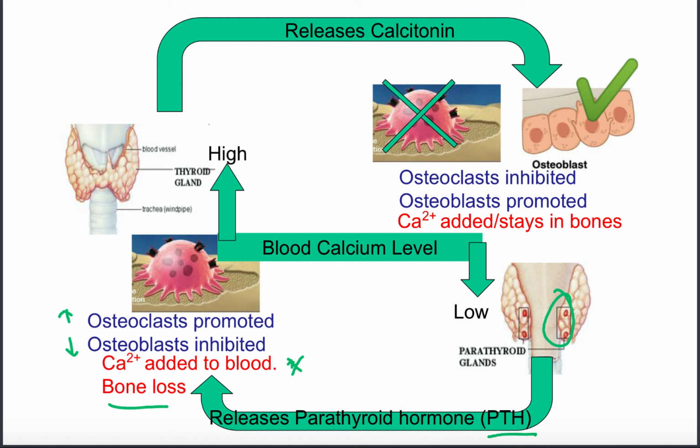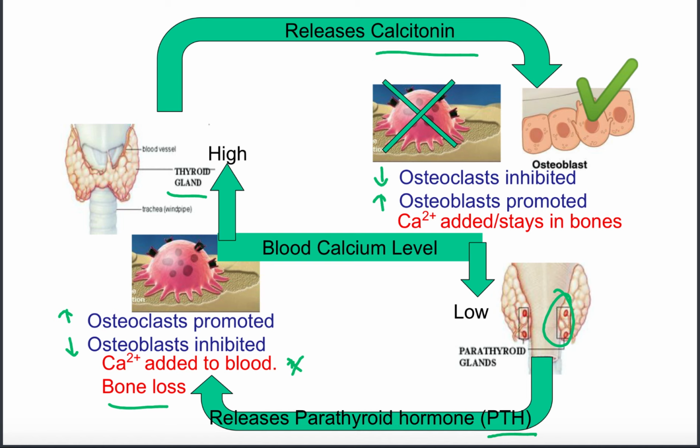If my blood calcium level shoots past normal and gets too high, then my thyroid part of the gland is going to switch on, and that's going to release calcitonin, which is then going to allow osteoclasts to be blocked and promote my osteoblasts. So my osteoblasts are going to rise, my osteoclasts are going to drop, and I'm going to start creating bone.